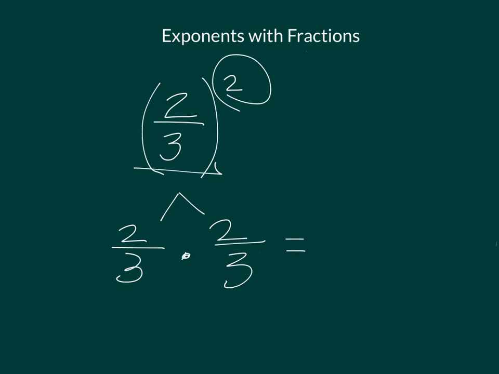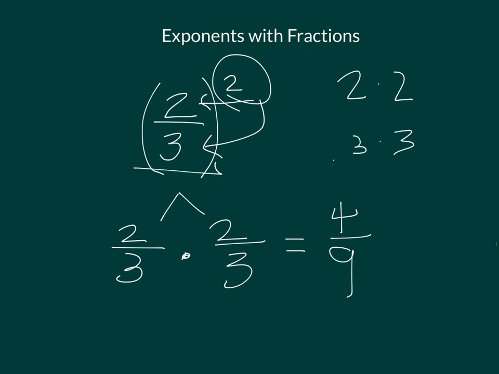So 2 times 2 in the numerator gives us 4, and the bottom is 3 times 3, which gives us 9. Notice that we just applied the exponent to the numerator and then the denominator. If you like to do it separately and think of it as 2 times 2, and then do another problem that's just 3 times 3, and then put them back into fraction form, that also works.